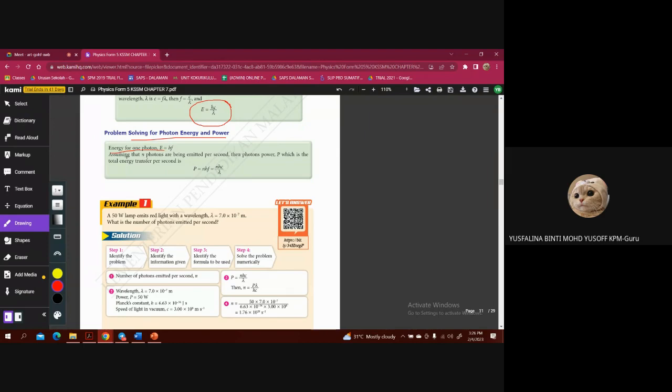Okay. So assuming n photons are being emitted, n photon means how many photons there are. So let's say there are 3 packets, means there are 3 photons per second. Then photon power P, which is the total energy transferred per second, because P we learned is W over t, right? So this one also P is equals to nhf. n is the number of photons, how many photons.